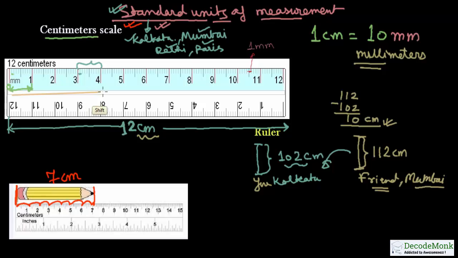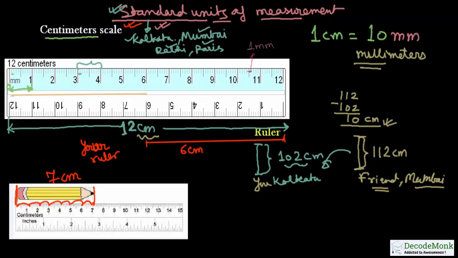You draw a line of say 6 centimeter. Again I am drawing such line. So this red line is 6 centimeter with your ruler. So you have drawn this line with your ruler.